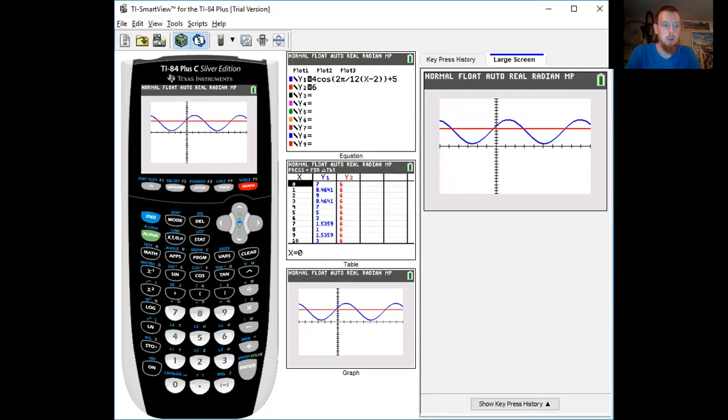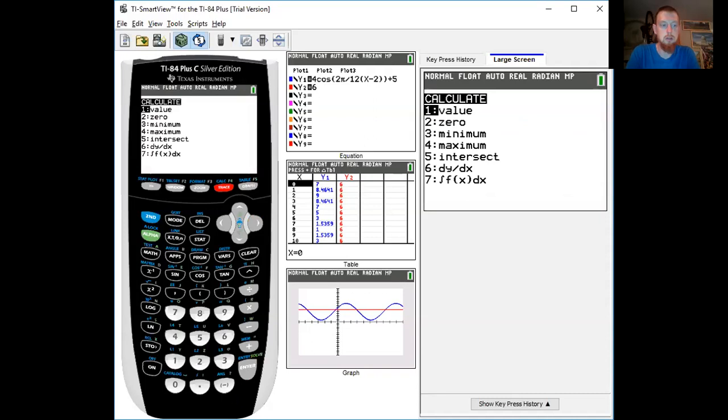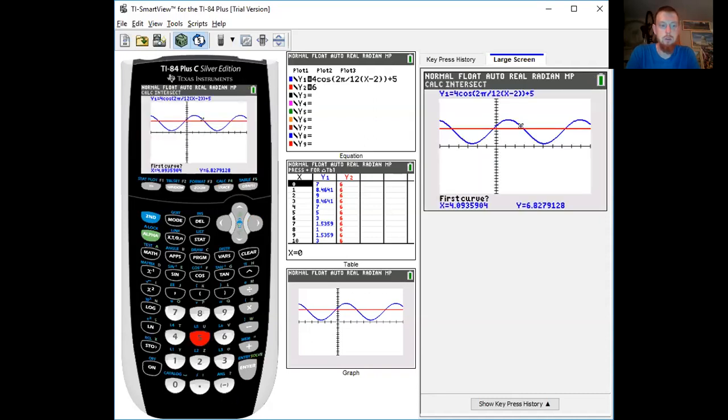So you want to trace yourself to where you're pretty close to that point. Go to second trace, you can intersect. If you just hit enter, it'll tell you that that intersection happens at x equals 4.517.